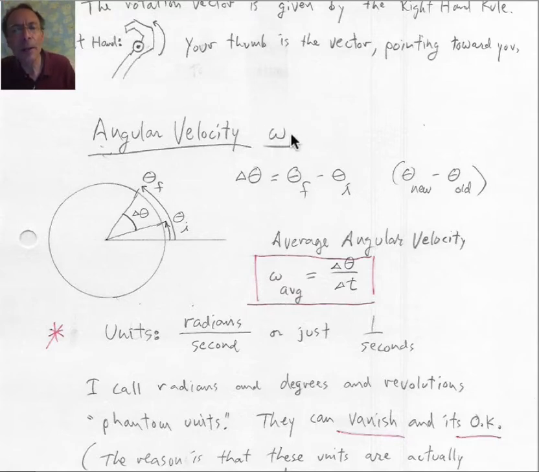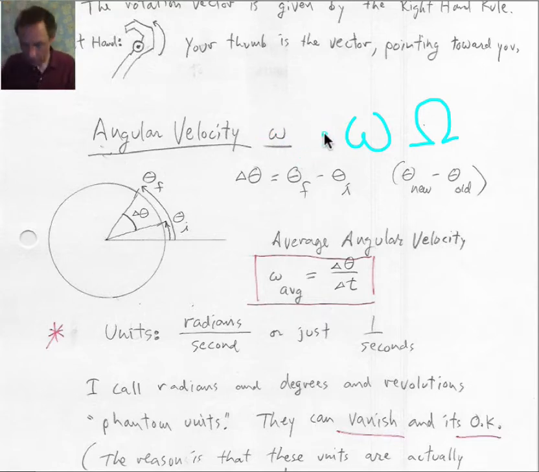This is not a W. This is the Greek letter omega. When I write it, I write it like this. That's a lowercase omega. Now you probably have seen the uppercase, the capital omega, which looks like that. But for angular velocity, we're using lowercase omega.